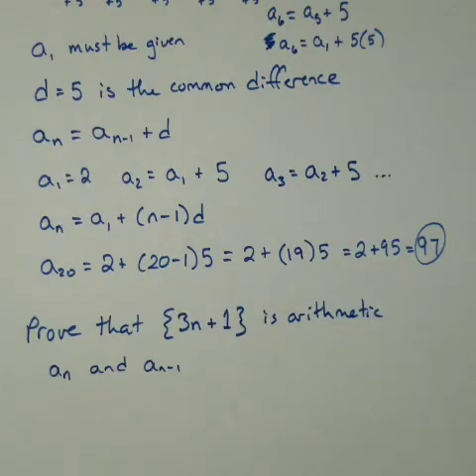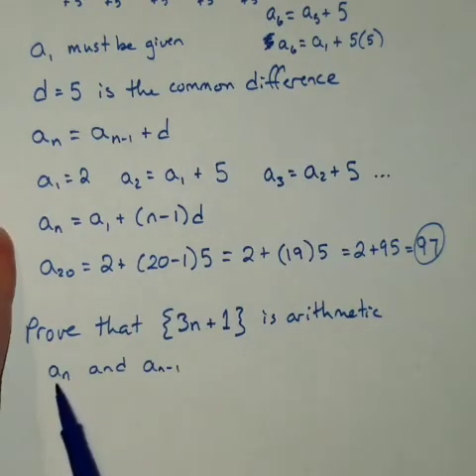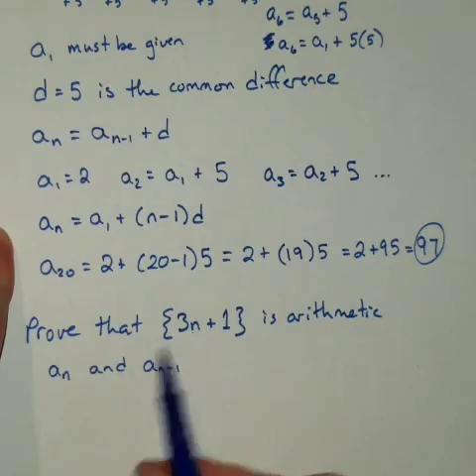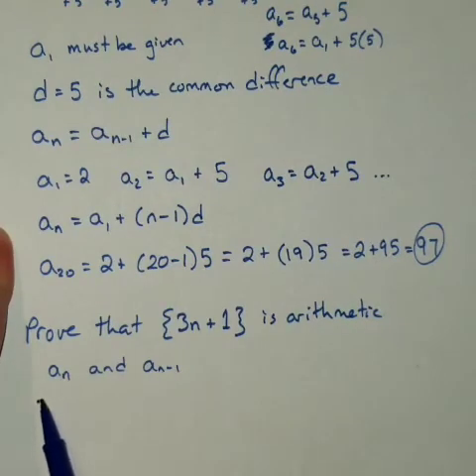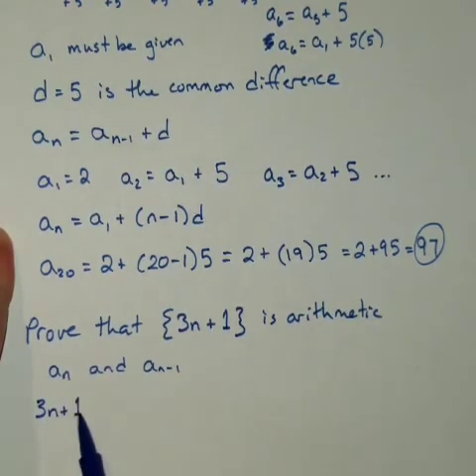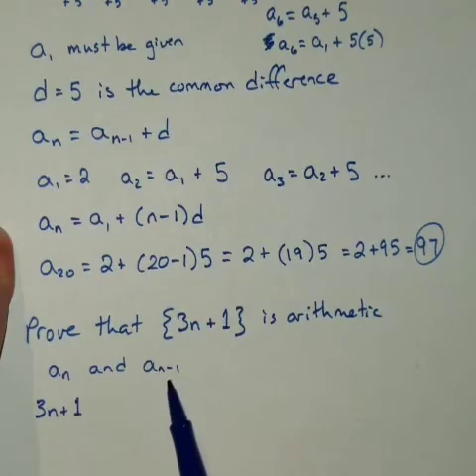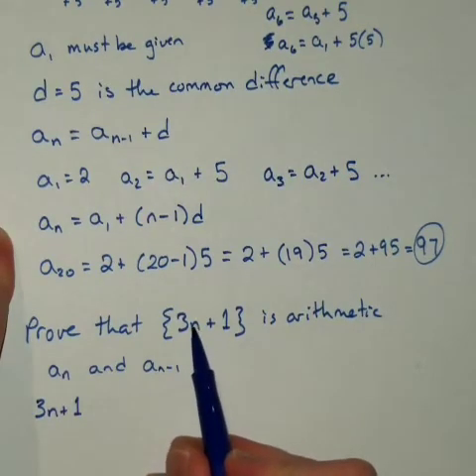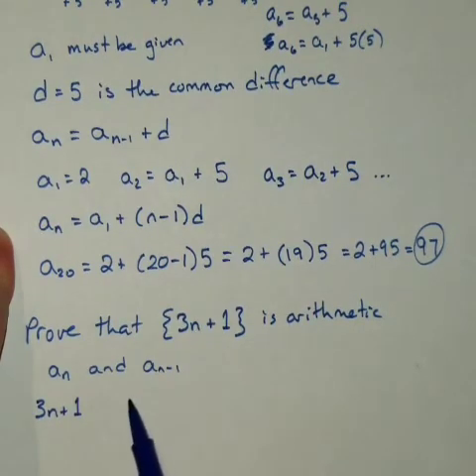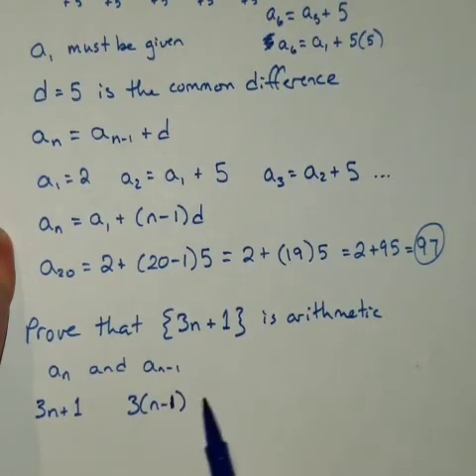And so a sub n, if I plug in the n, I get 3n plus 1. A sub n minus 1 is just you replace this n with n minus 1. So you get 3 times n minus 1 plus 1. Okay.